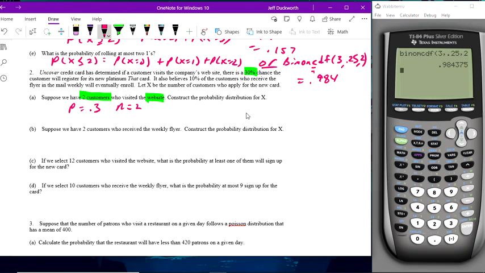You can use the multiplicative rule to find the probability x is 0 or x is 2. I'm going to use the binomial. For the probability that x equals 0, I'm going to use the binompdf: 2 is our n, 0.3 is our p, and 0 is our x. Let's do that real quick.